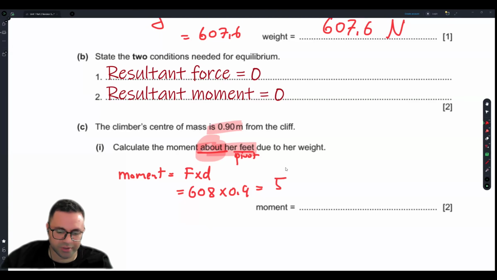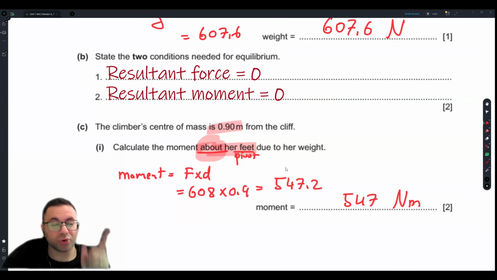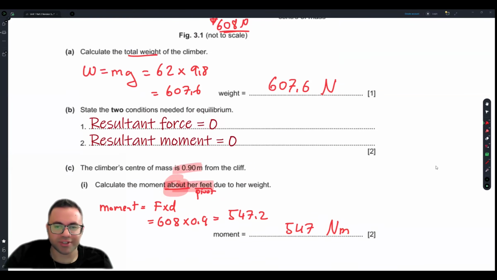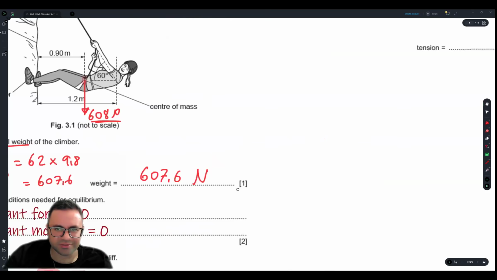That's 547.2. 547 is good. Newton meters, because it's force times distance, so Nm. Nice. So that was easy. Simple, basic. Where's the difficulty?